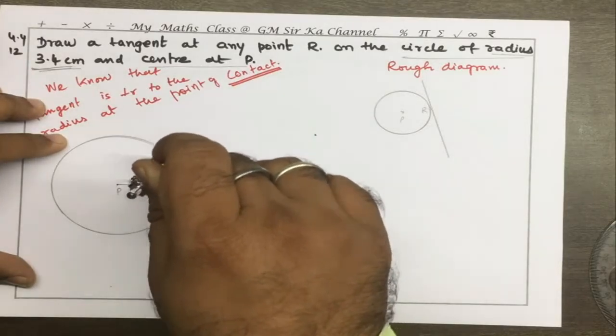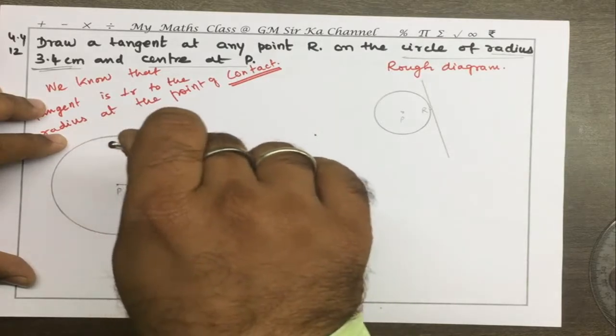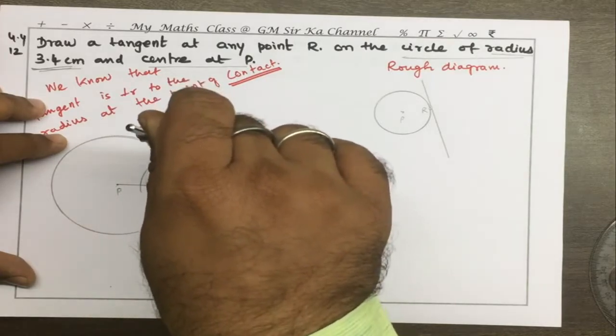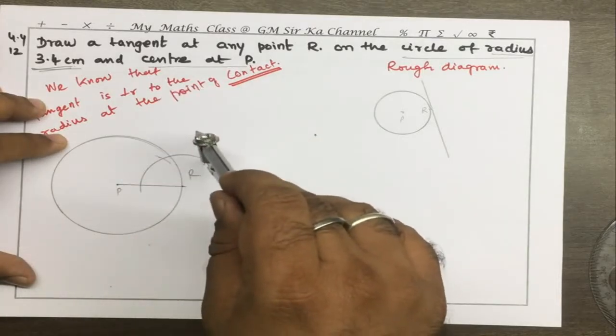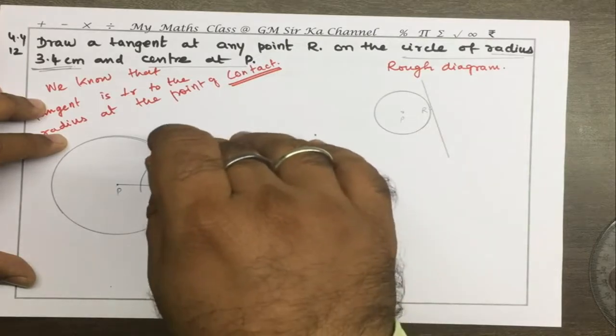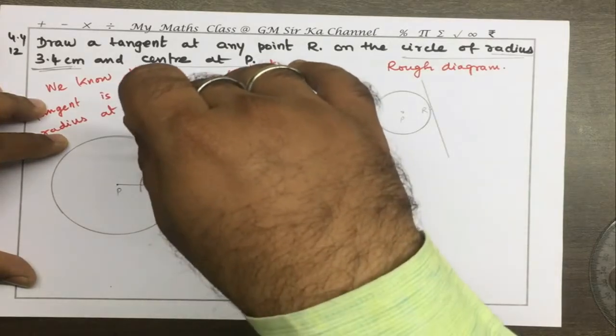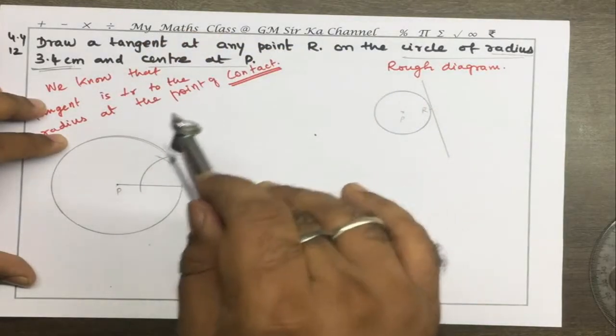Again we will draw an angle which is 60 degree. From that 60 degree we will take one more 60 degree, so it is 120, and to get 60 plus 30 we will bisect the angle from 60 to 120 like this.